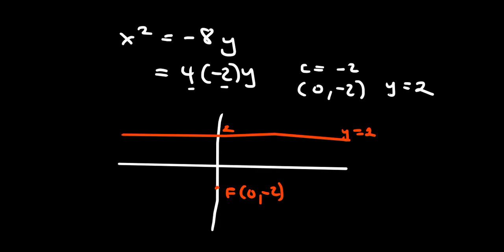Then from here you sketch. Always, when you see a negative sign in front of that value, it means your parabola is opening down, toward the negative axis. So this parabola is going to open down like this.